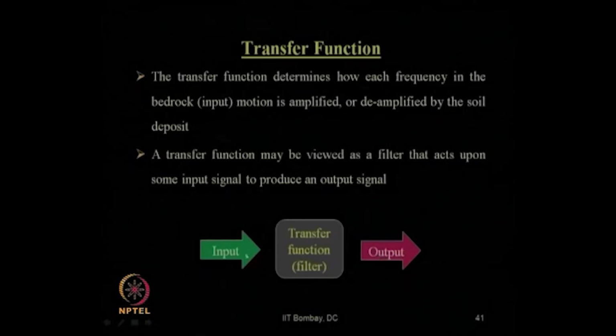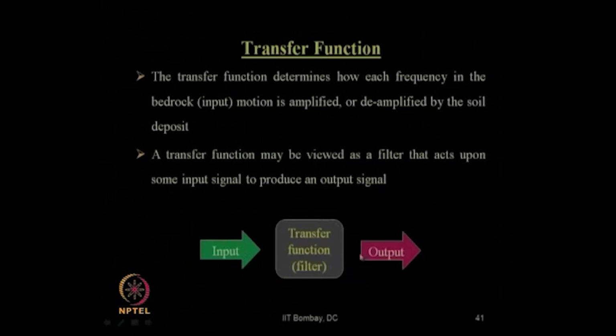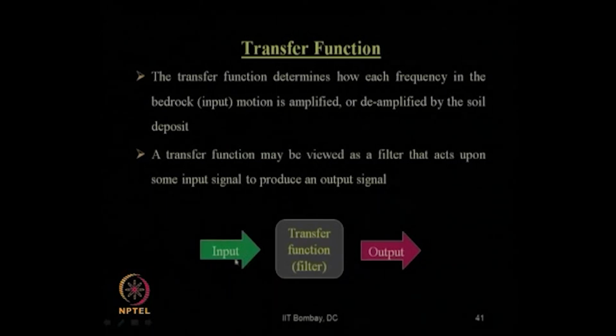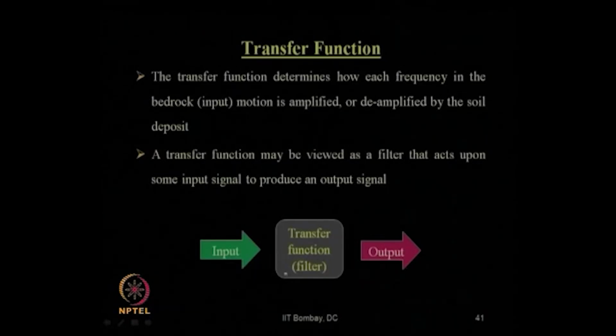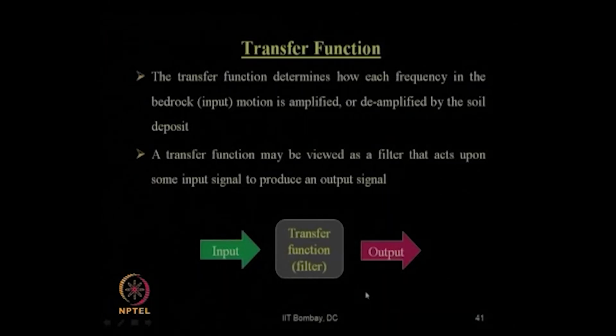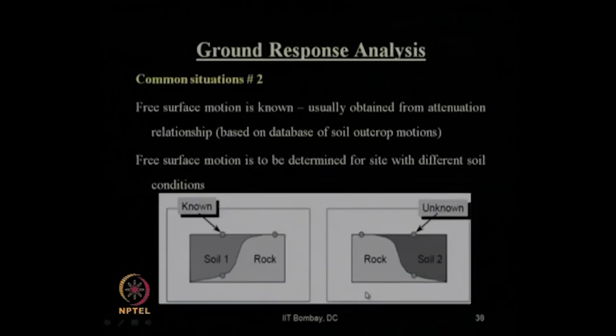Or if you know the free surface motion and the bedrock motion is unknown, then your input will be the free surface motion, and you use the transfer function in such a way that your output is the bedrock motion.